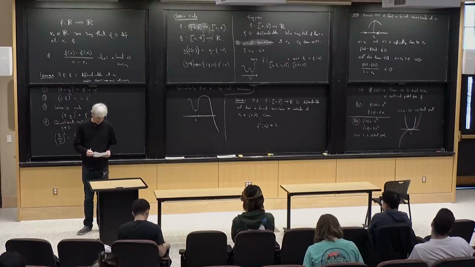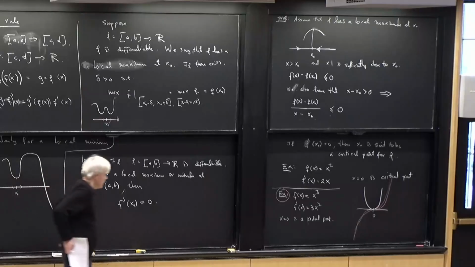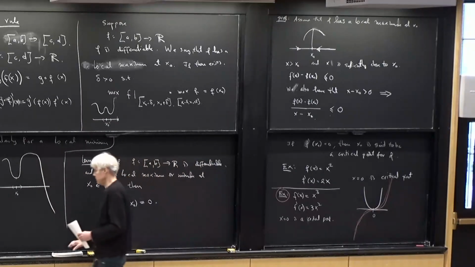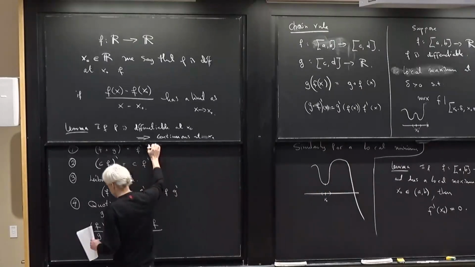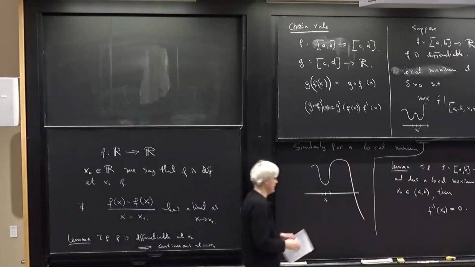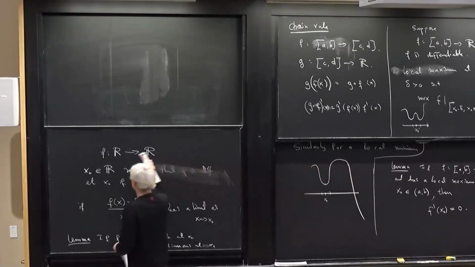Okay, so the next thing I want to do is apply this simple observation to get a simple consequence, and then apply that simple consequence to get a lot of other consequences.